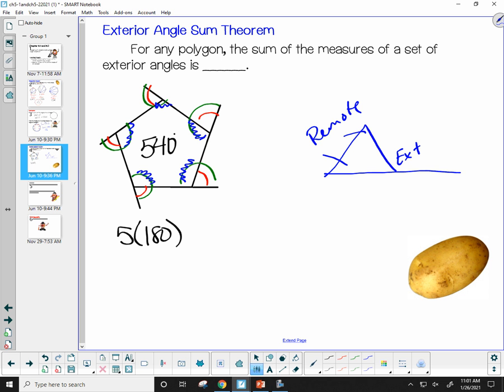So if I take all my linear pairs and get rid of the sum of my interior, I should be able to find the sum of my exterior. Does that make sense? If I eliminate the interior, I only have the exterior left. So if I take 5 times 180, I get 900 minus 540. Should have 360 degrees left.